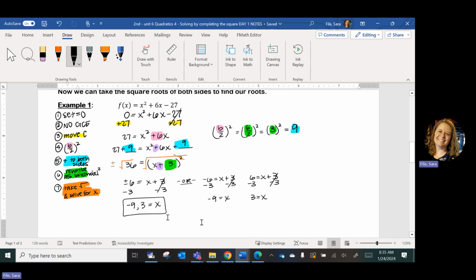What happens at negative 9 and 3? What are those? The x-intercepts. If I were to graph this quadratic equation and look at the parabola, it would cross the x-axis at -9 and 3. So I could check this by plugging this in to Desmos and looking at the graph and see, does it actually cross at -9 and 3?